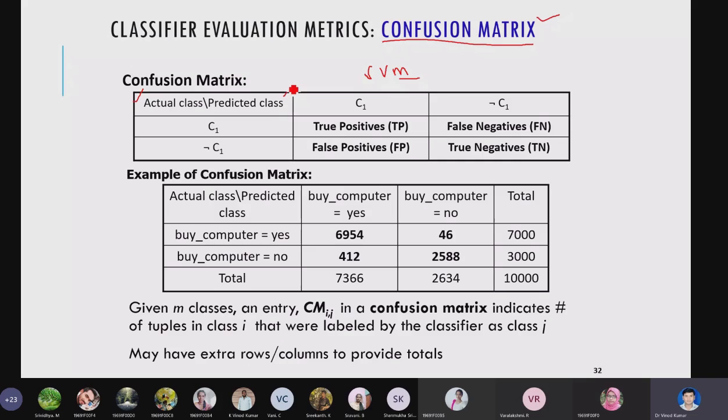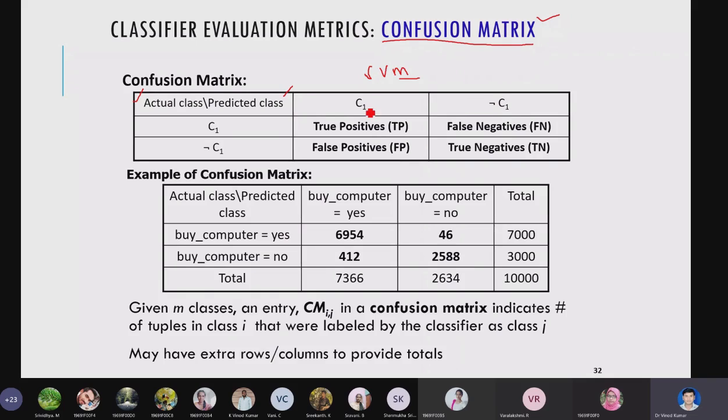Here, if I denote C as a cancer person, the person suffering from the cancer, and the negation sign means the person is not suffering from the cancer.